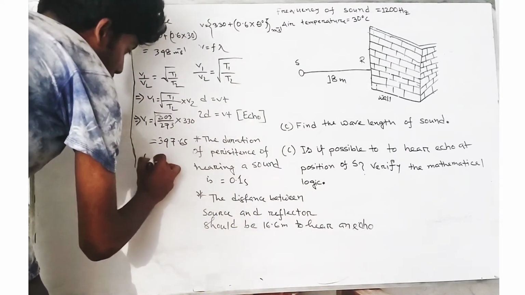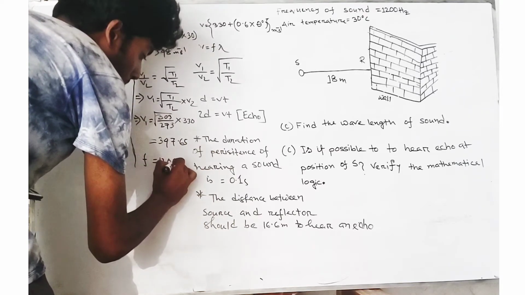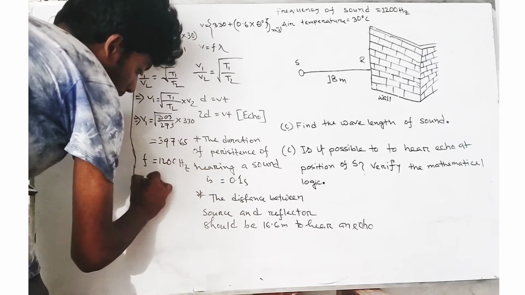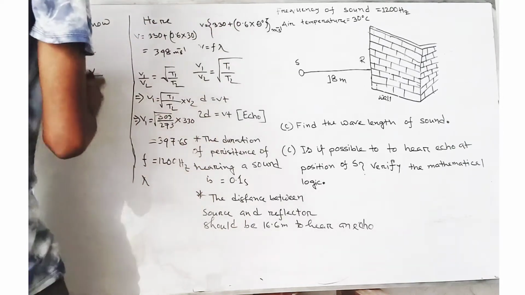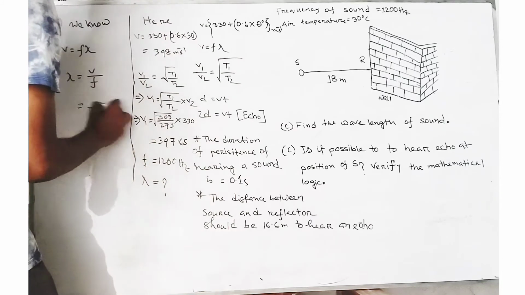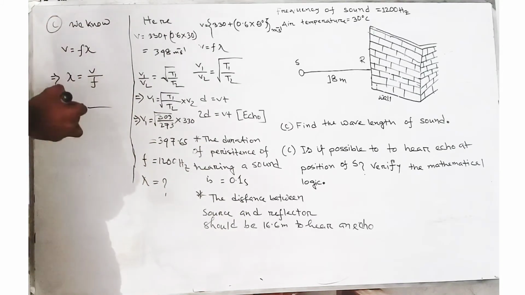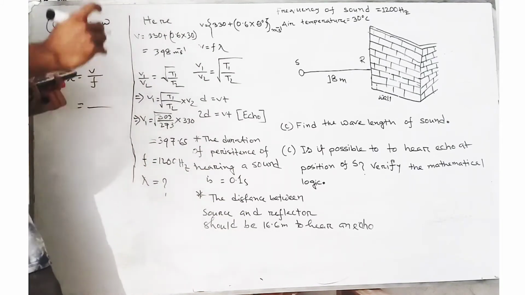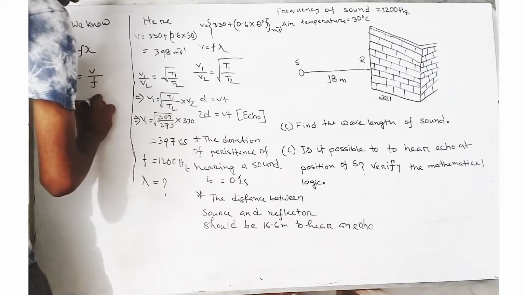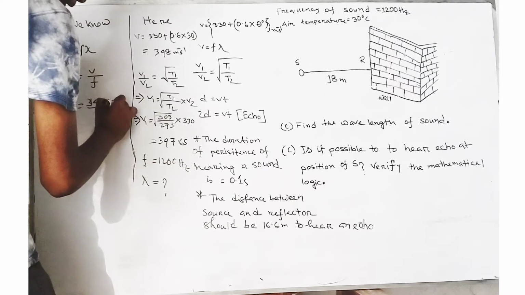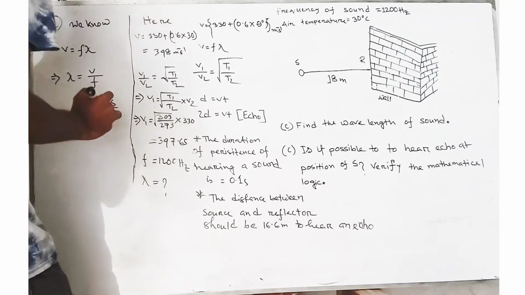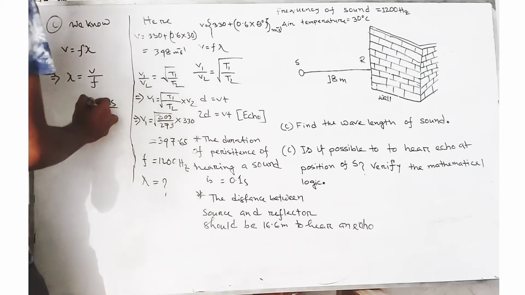Here f equal to 1200 hertz, and they require lambda from us. Lambda equal to what? Insert these data into the equation, then you will get the value of lambda. Here 347.65. I'm using the second one, so you need not be worried, you can use any one of them.